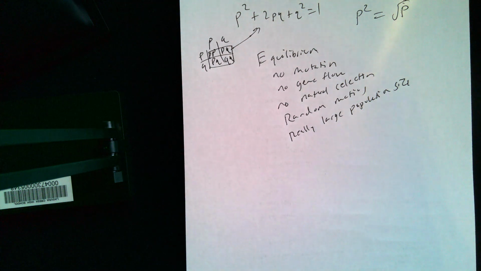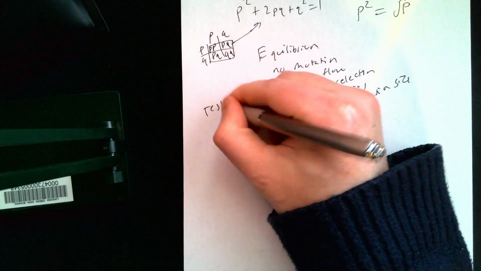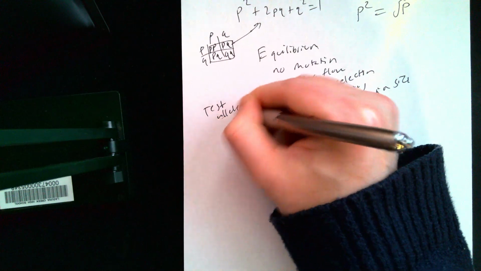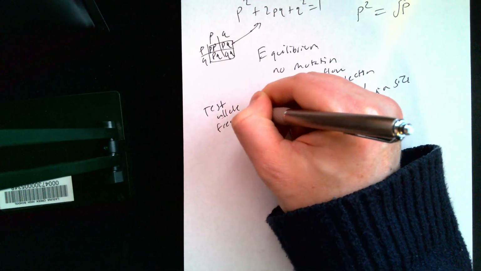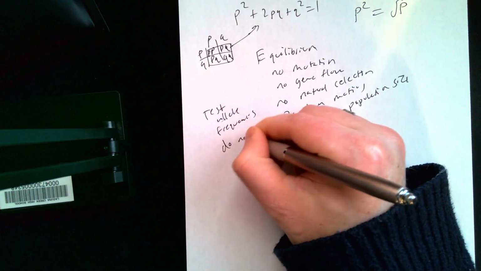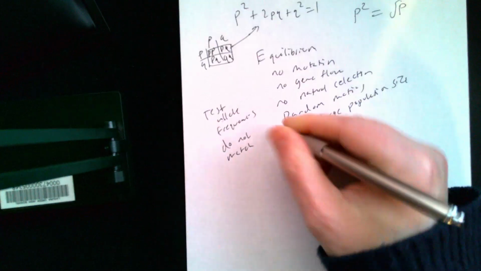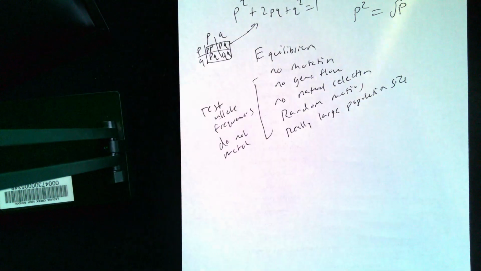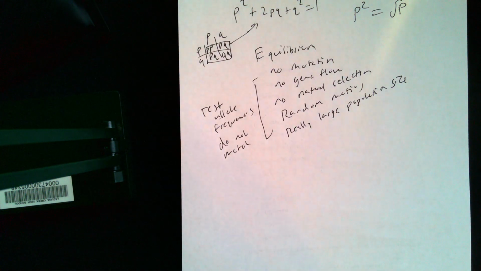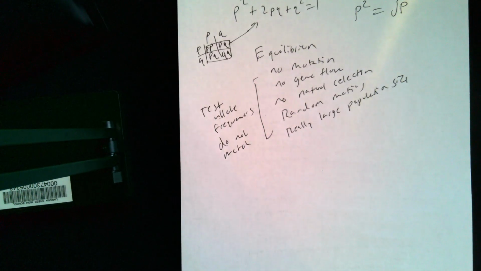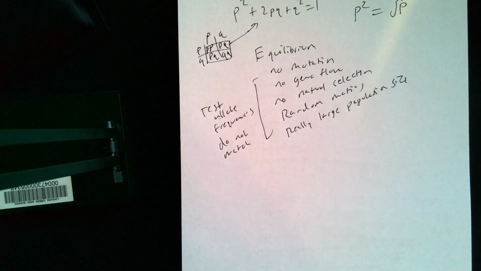And so what you can do is you test your alleles, and if they do not match, then one of these has been violated. And so you can go, it didn't match. Maybe there's sexual selection or non-random mating. Or, it didn't match. Maybe there's natural selection happening.